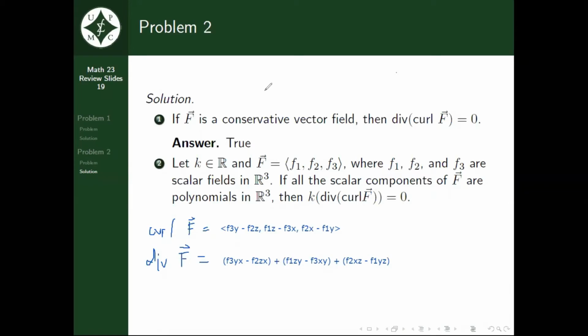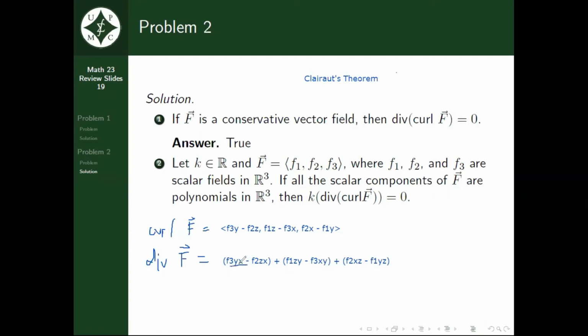By Clairaut's theorem, hope you still remember that, if F1, F2, F3 are all differentiable, infinitely differentiable actually, that means their first and second order partial derivatives exist.